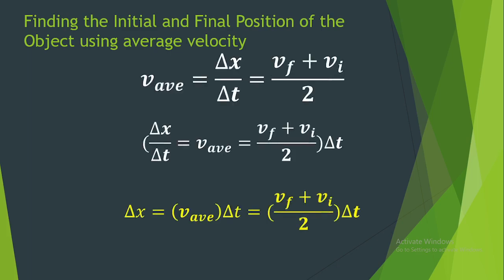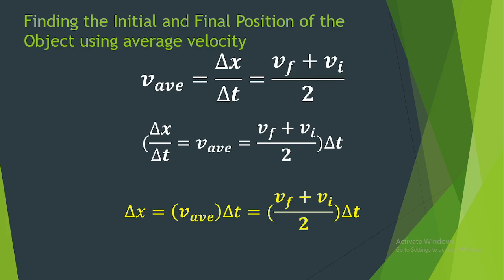We cross-multiply delta t to the right-hand side of the equation and we will see that delta x is equal to the average velocity times delta t, which is also equal to the quantity of final velocity plus initial velocity divided by 2 times the quantity of delta t.